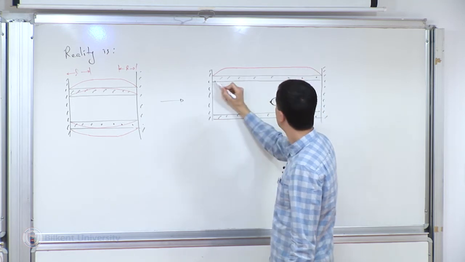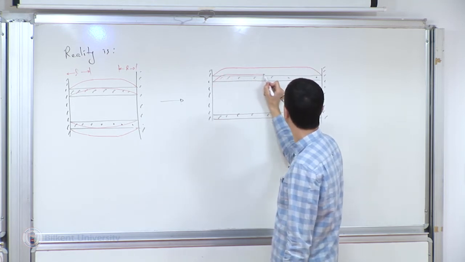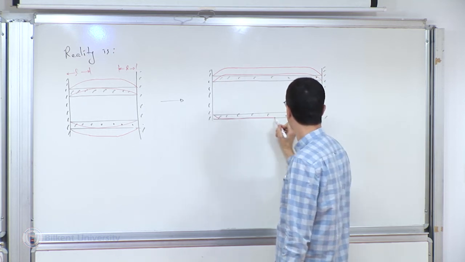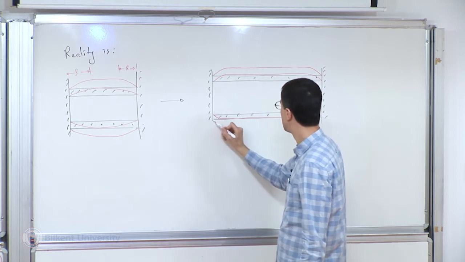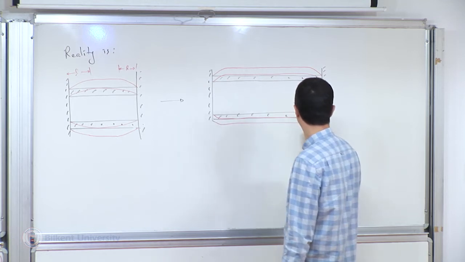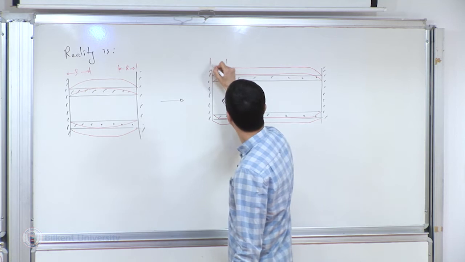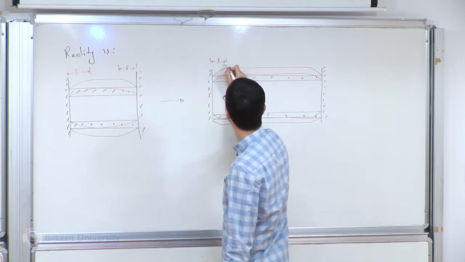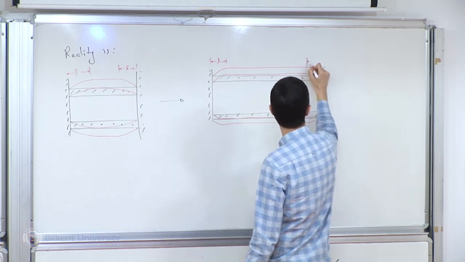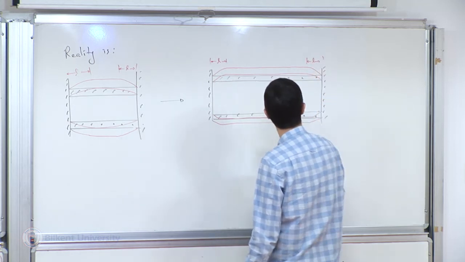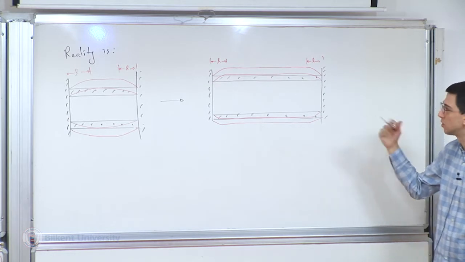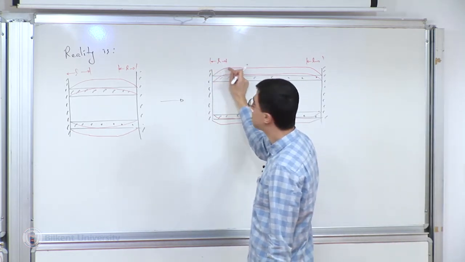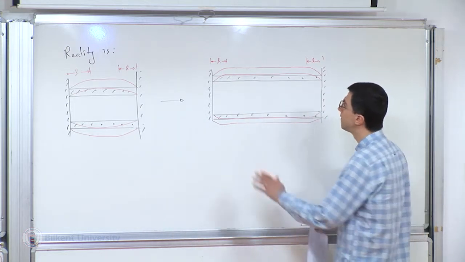In other words, if I draw this deformed configuration, this length is also approximately equal to L. Perhaps it's not perfectly equivalent, but what I'm trying to say is that as you make the cylinder longer and longer, there's a certain region over which these end effects occur.